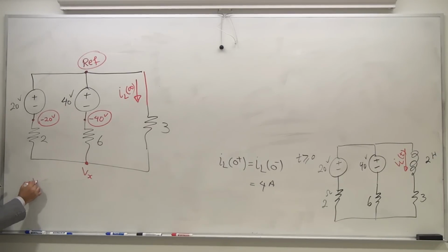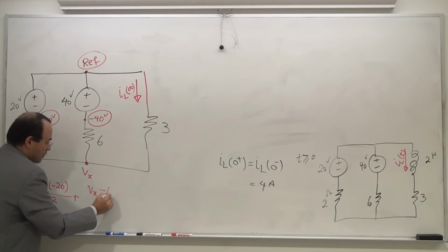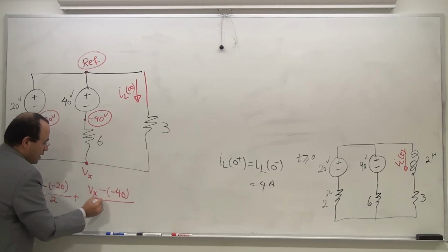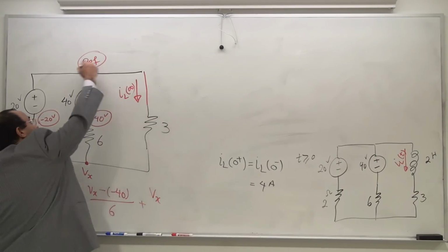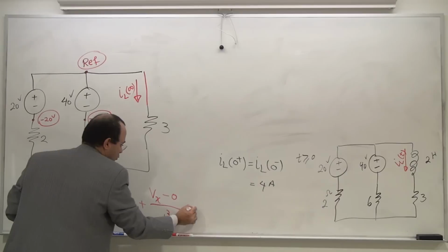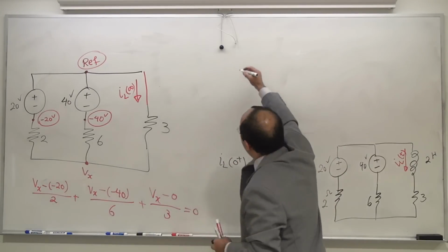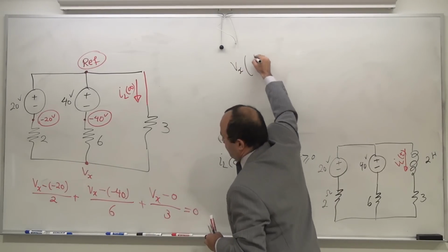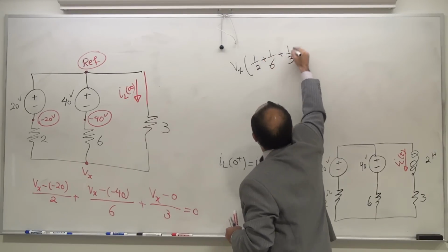So it's going to be Vx minus 20 divided by 2, plus Vx minus 40 divided by 6, plus Vx minus 0 divided by 3, equal to 0. Isn't that nice? So let's take a look at all the Vx's. Vx, I'm going to have 1 over 2 plus 1 over 6 plus 1 over 3.